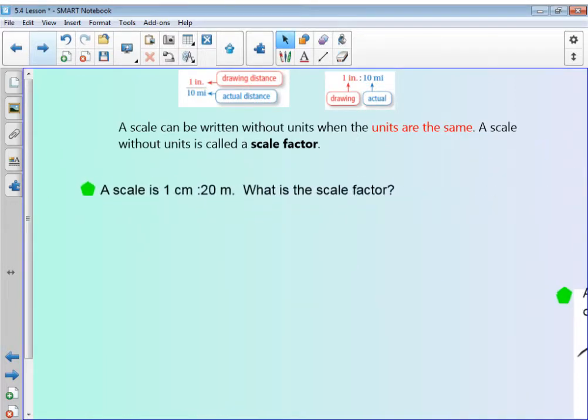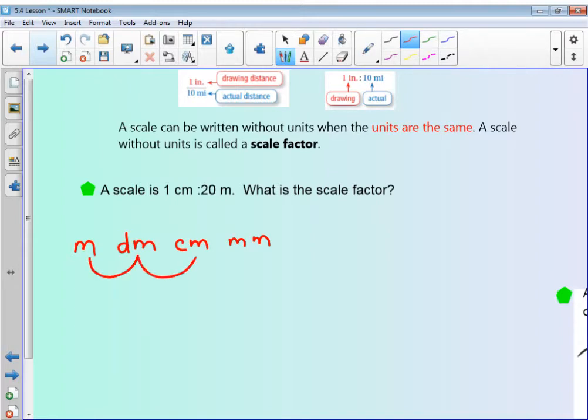Okay, so let's try one more of these. A scale is 1 centimeter to 20 meters. Find the scale factor. Okay, so King Henry doesn't usually drink chocolate milk. Okay, so I am going to go to meters. So let's convert my meters to centimeters. So meters to centimeters would be 2 places to the right.